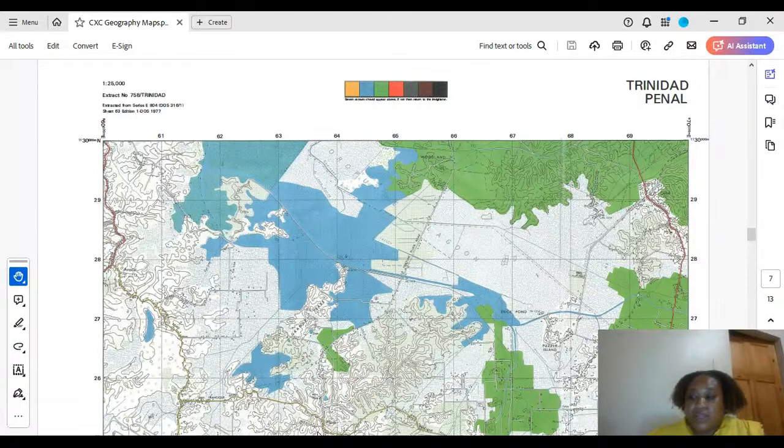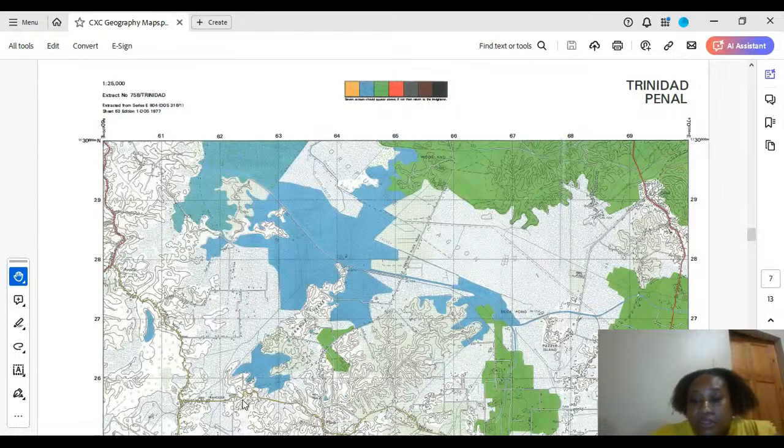Other things that they can ask you about are settlement, in terms of distribution or characteristics, like how they would ask you the characteristics or features of drainage. So for features of drainage, remember, I always say you look for the direction of flow of the drainage, where you will look for the source, that's where it begins, and then where it ends would be the mouth.